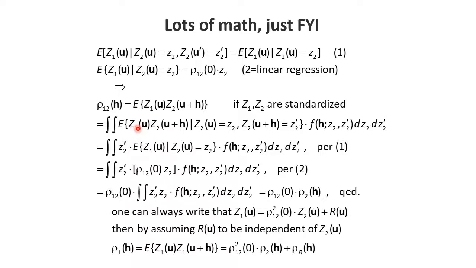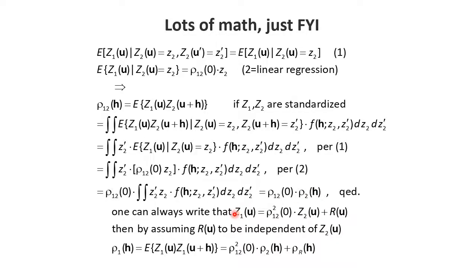So what I'm left with is this given that, and the bivariate distribution. Okay, so now this is my linear regression. So I write that like that, and I put this linear regression out the front, and I have this here. And this is simply nothing more than the correlogram of the secondary observation. So that is what we had in the previous slide.